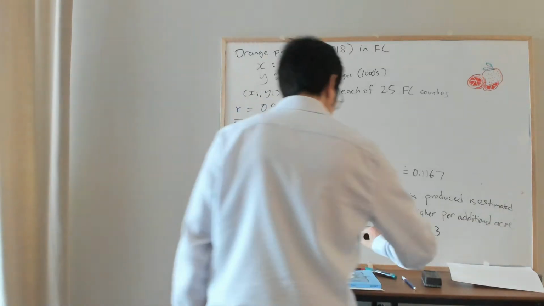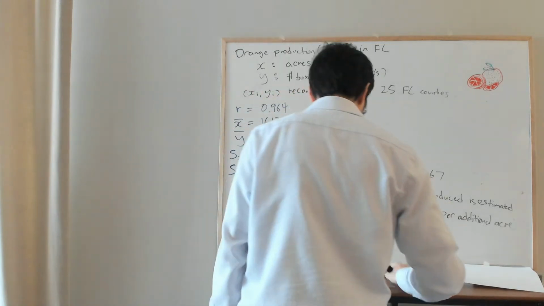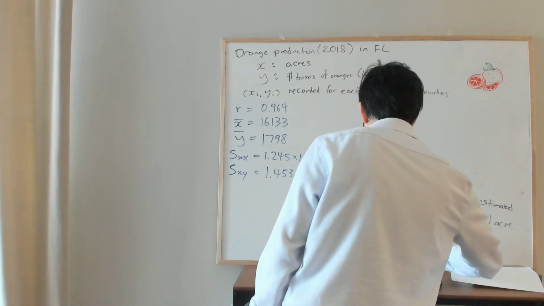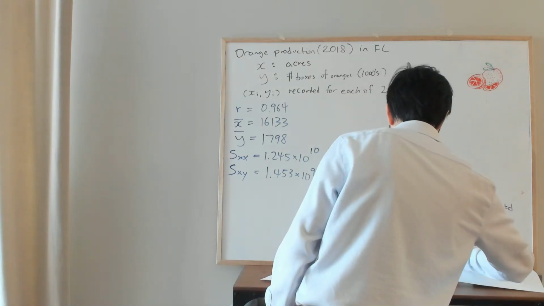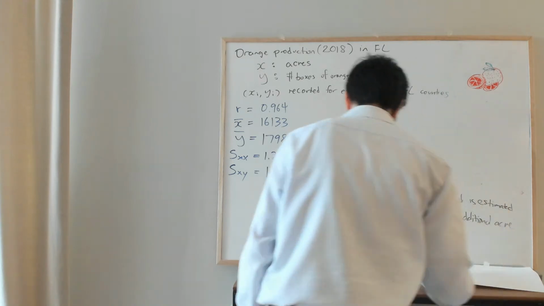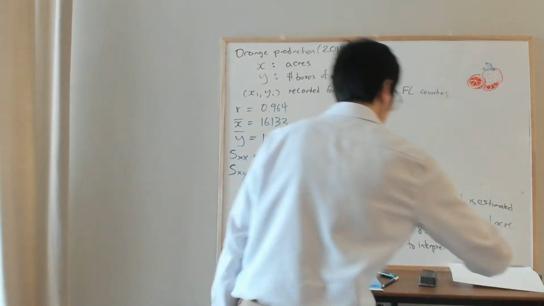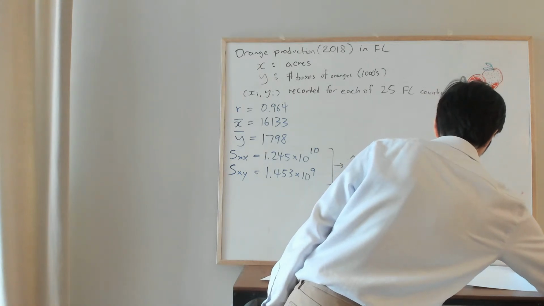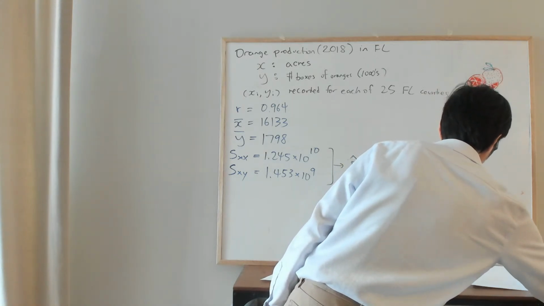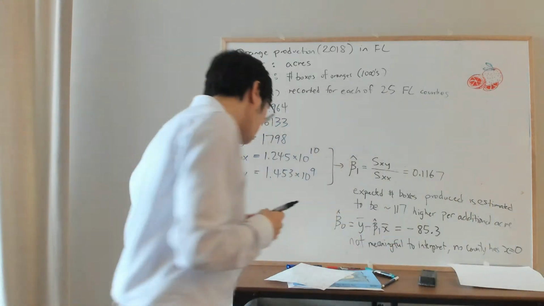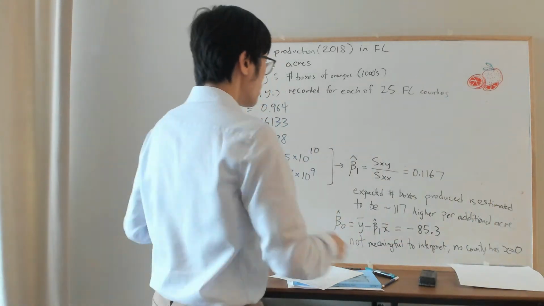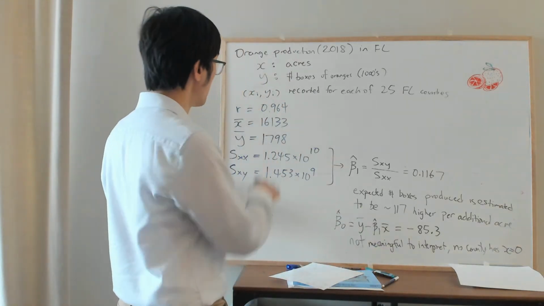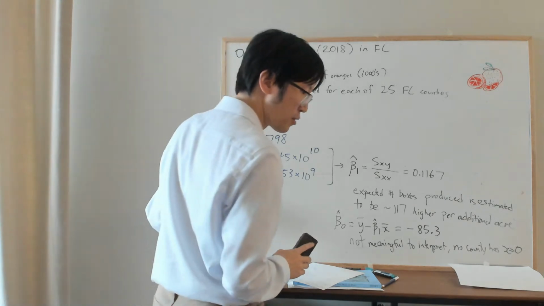Okay, so I'll just write here: not meaningful to interpret, since no county has x equals 0 acres. Okay, so we calculate those things directly from these summary statistics I provided here.